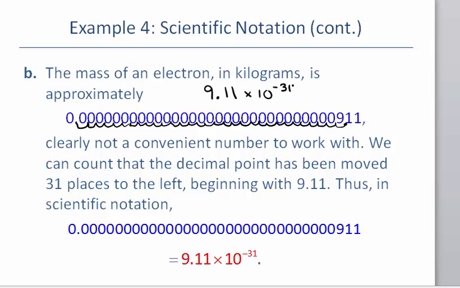And so our decimal would be equivalent to 9.11 times 10 to the negative 31 power.